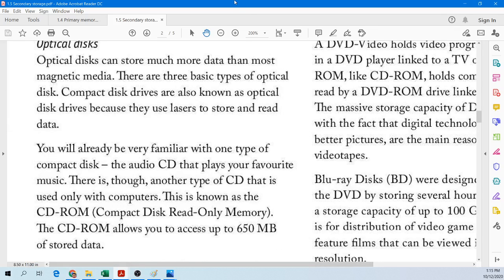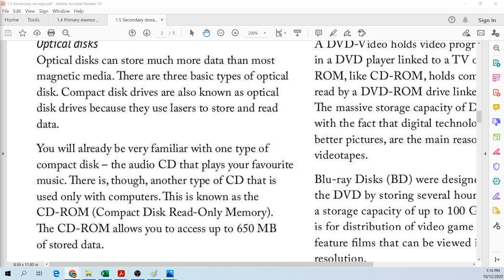So optical disks. Optical disks can store much more data than most magnetic media. There are 3 basic types of optical disks. Compact disk drives are also known as optical disk drives because they use lasers to store and read data. You will already be very familiar with one type of compact disc, the audio CD that plays your favorite music.